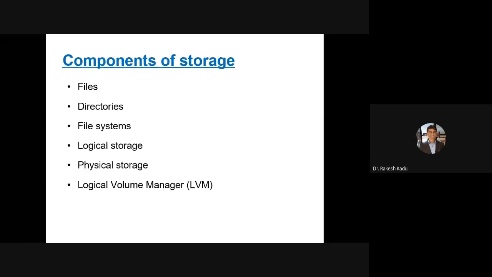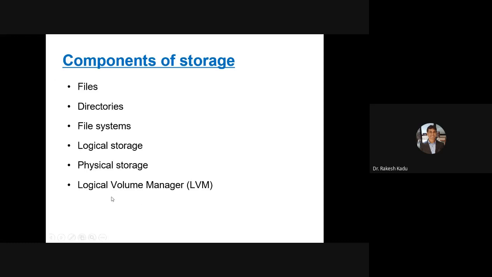So S is for storage, D is for device, and A is the character used to specify which number of hard disk it is. If it is the first hard disk it gives A, and if you add a second hard disk it will give B, then C. So whenever new physical devices are added in your Linux operating system, the devices will be detected by the kernel and it will assign a nomenclature to that storage device, that is either SDA, SDB, SDC, and that is called the physical storage.